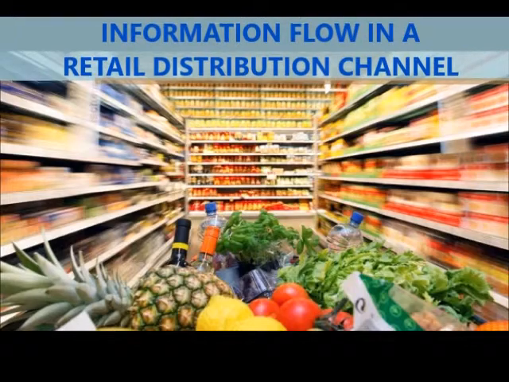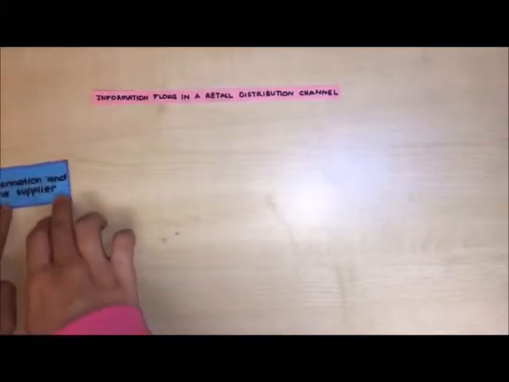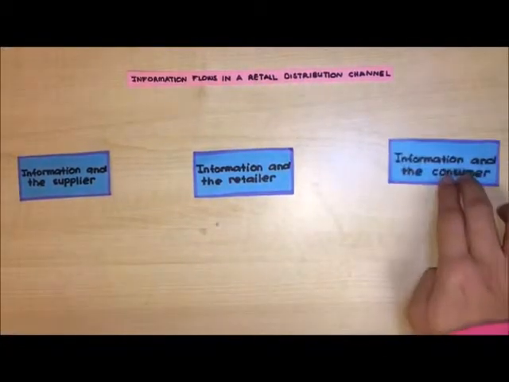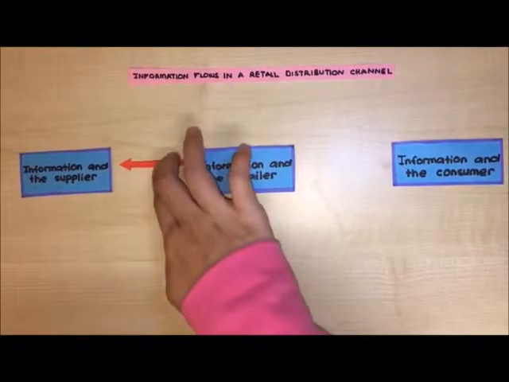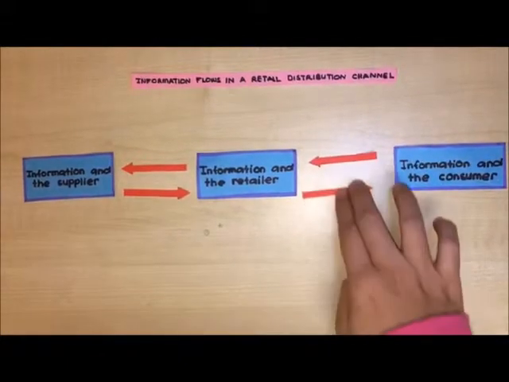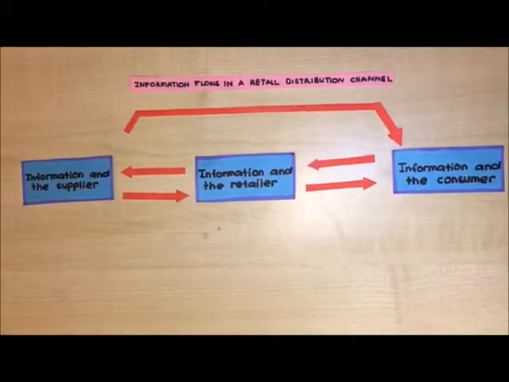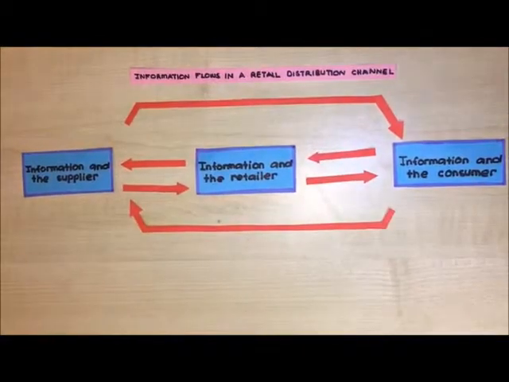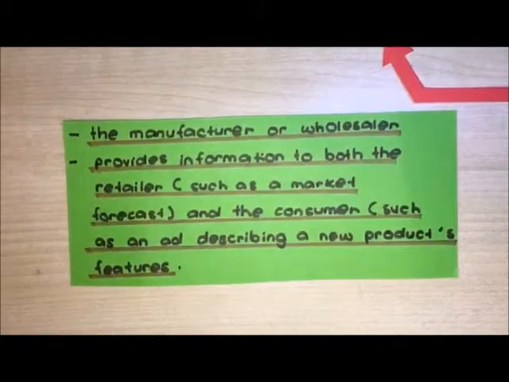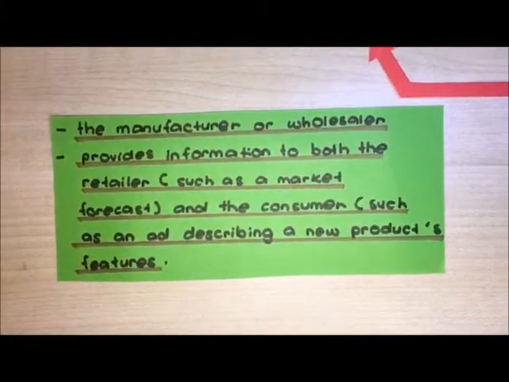Next is information flow in a retail distribution channel. The manufacturer or wholesaler provides information to both the retailer, such as a market forecast, and the consumer, such as an ad describing a new product's features.